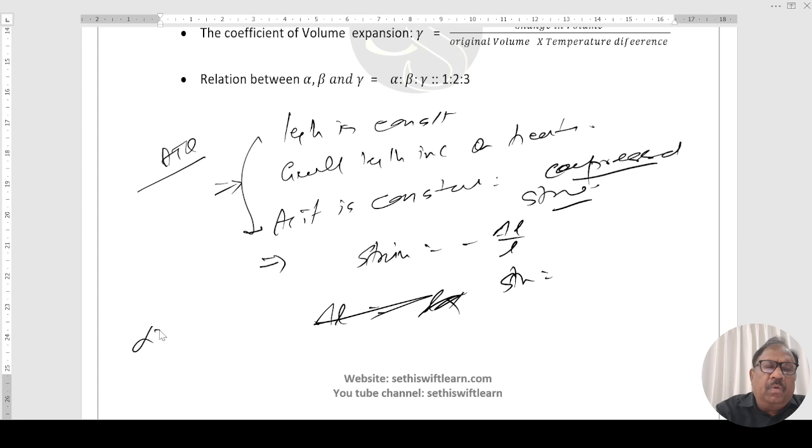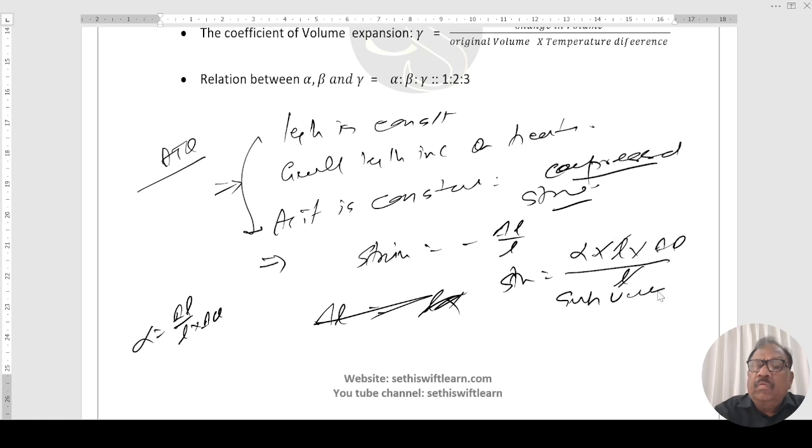So you know alpha equal to delta L upon L into delta theta. So this comes out to be alpha into L into delta theta upon L. Substituting values. Alpha is given to you, this is the negative sign.